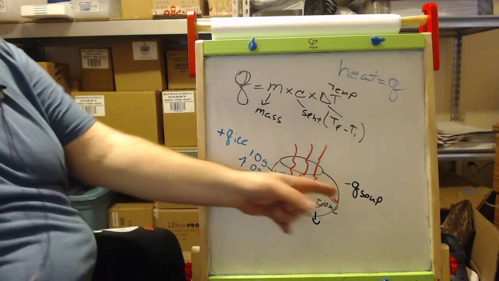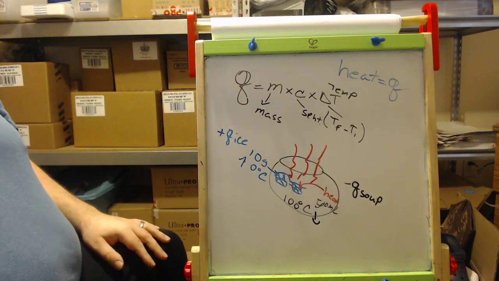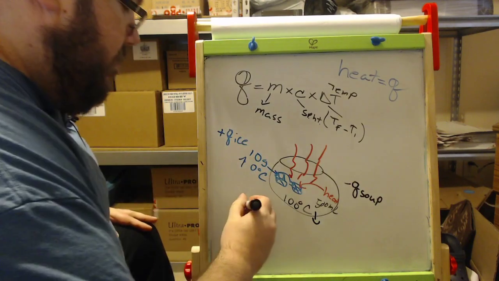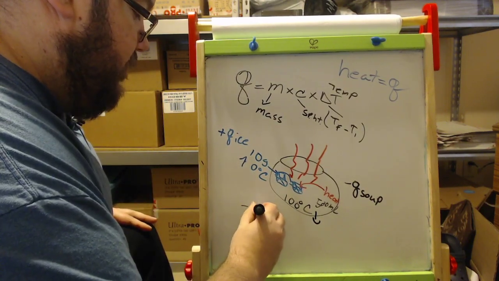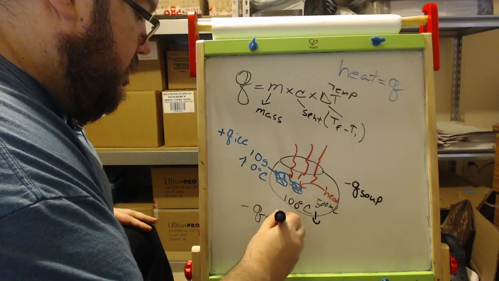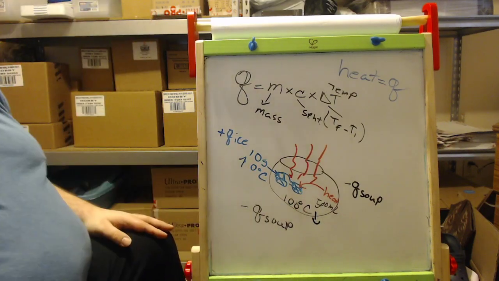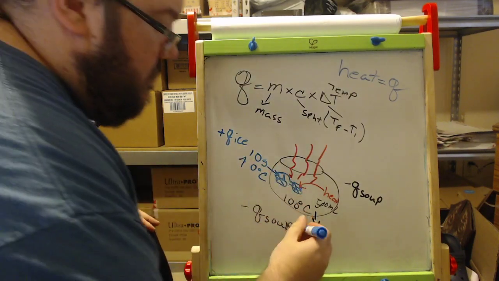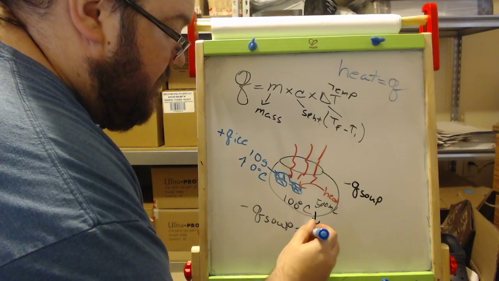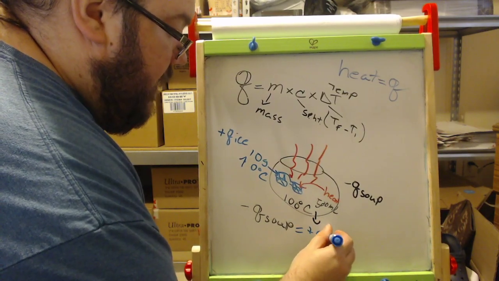Which means whatever the soup loses, the ice gains. And here's the formula. The negative Q of the soup is equal to the positive Q of the ice.